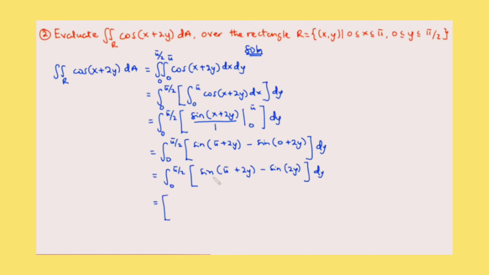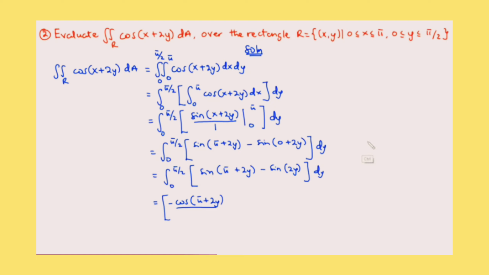When you integrate sine, you have negative cosine. So we have negative cos of the inside function, which is pi + 2y, and then we differentiate this function with respect to y, and it appears at the denominator. When you differentiate pi, which is a constant, you have 0, plus when you differentiate 2y with respect to y, you have 2. Therefore we have 0 + 2, which is equal to 2.